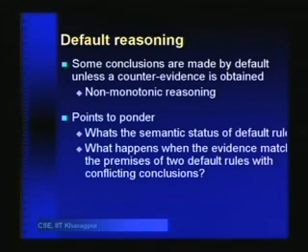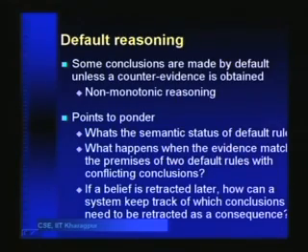Then what happens when the evidence matches the premises of two default rules with conflicting conclusions? I can have two default rules with conflicting conclusions, and I have evidence which matches both of the rules.